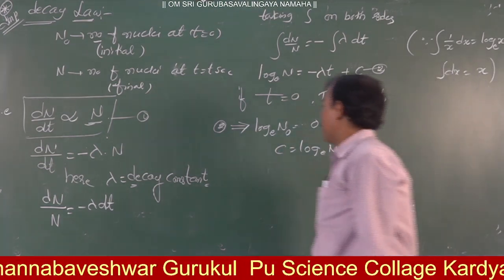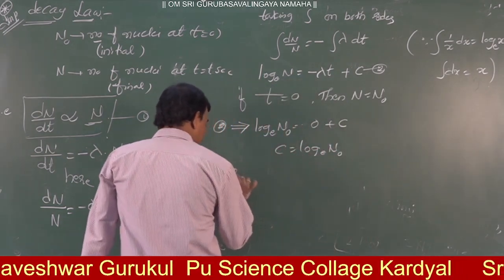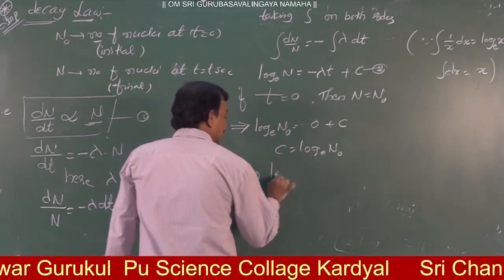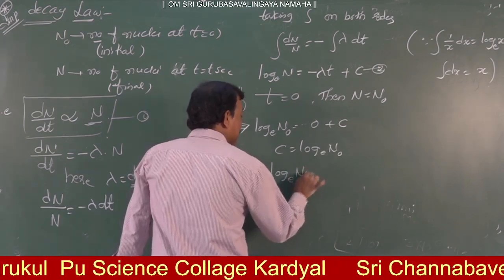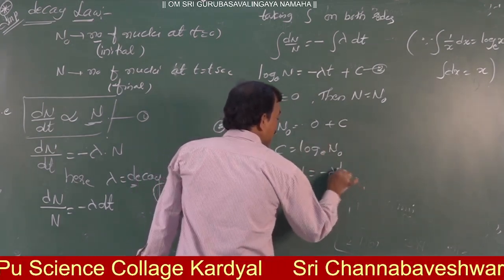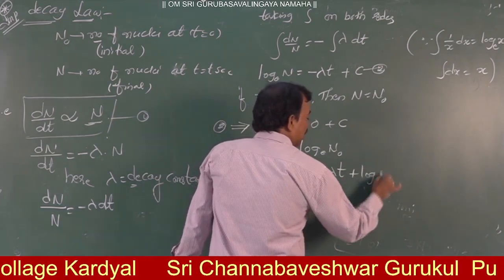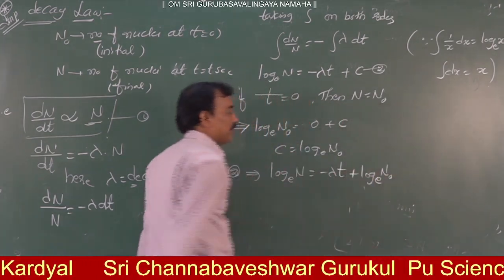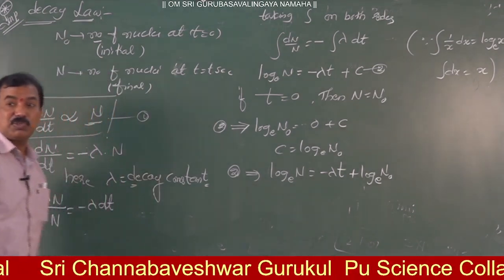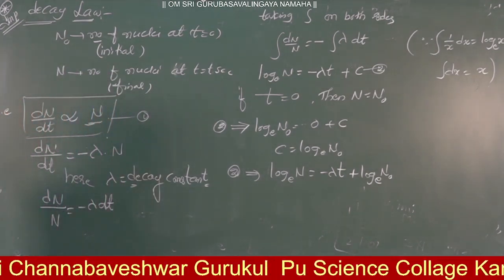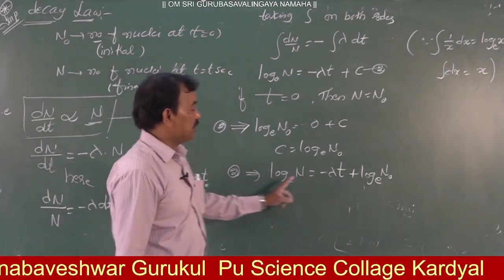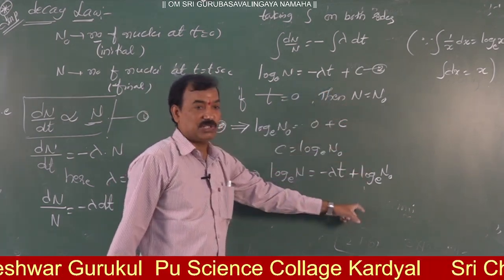Okay? So now again equation 2 implies log base e of N is equal to minus lambda into t plus c, which is equal to, what is that equation? Log base e of N naught. You have to substitute c in this above equation. So log base e N is equal to minus lambda t plus c, with c equal to this value.